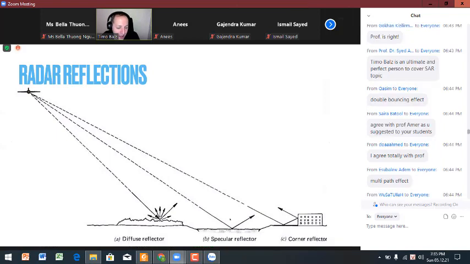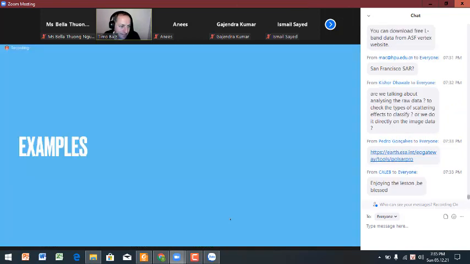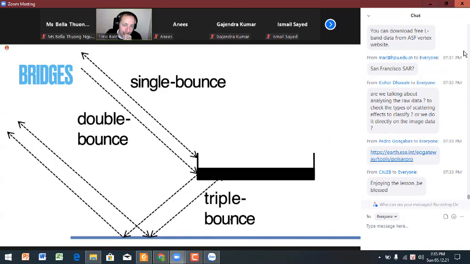We are now talking a bit about SAR image interpretation, and some examples. I like the example of bridges, because we can see these different bounces very clearly. We have the single bounce effect: we hit the bridge and directly reflect back to the sensor.